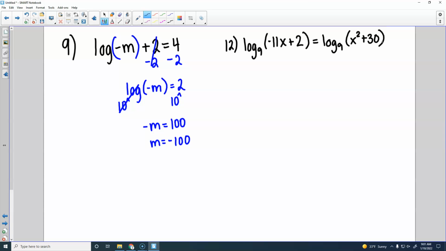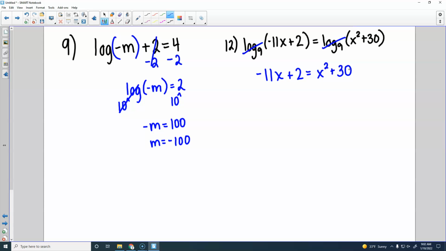And so, in this case, this is a lot like the first ones because we can just drop the logs, but it has a square, so solving it after that is a little bit different. What do we do whenever we've got to solve something that has an x and an x squared?